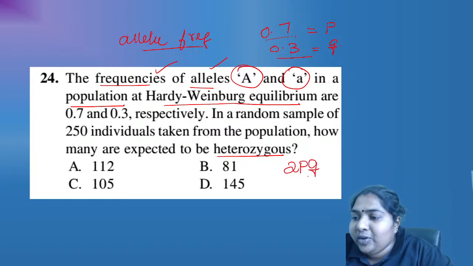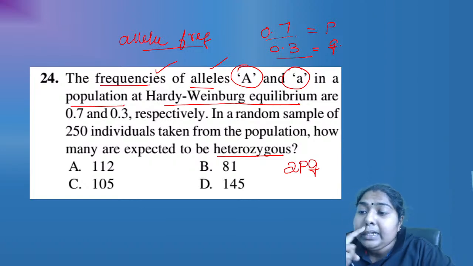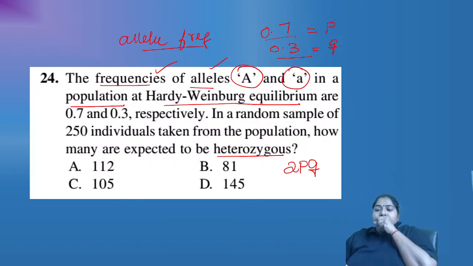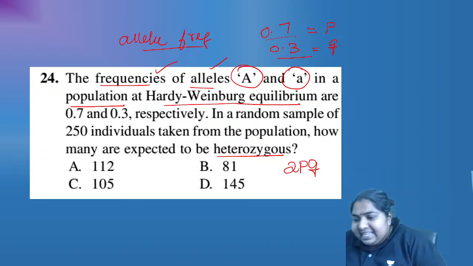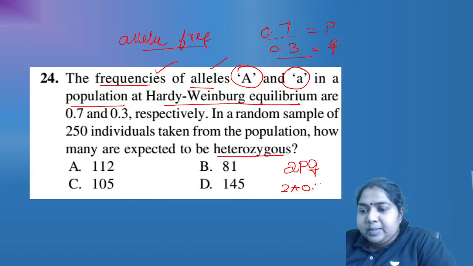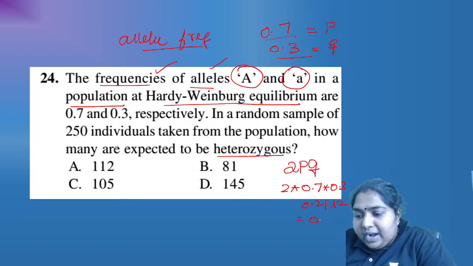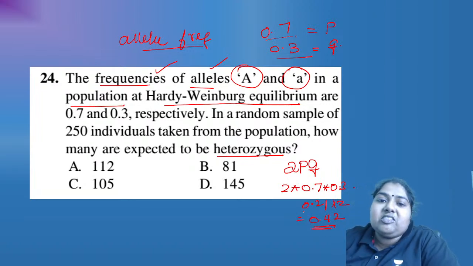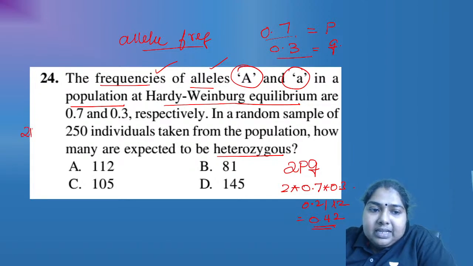This is the formula for heterozygotes. Just do it with me. So 2 into p, which is 0.7, and q, which is 0.3. So 0.21 into 2 is equal to 0.42. So 2pq is equal to 0.42.